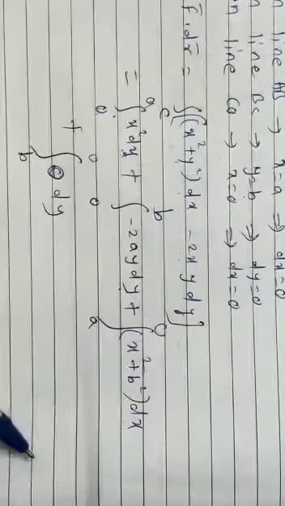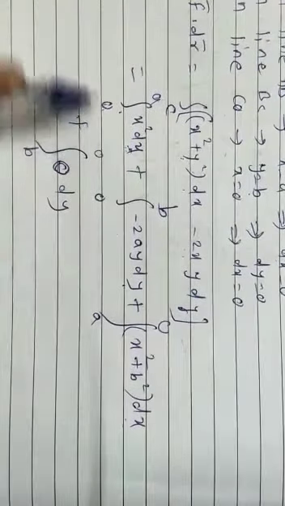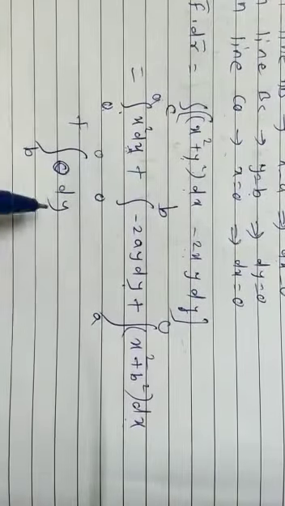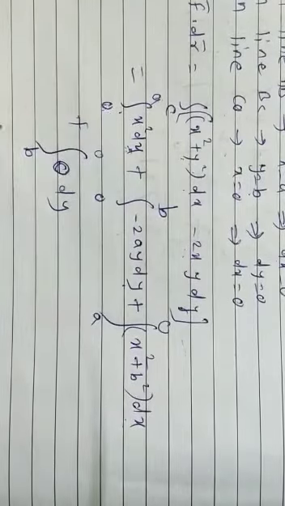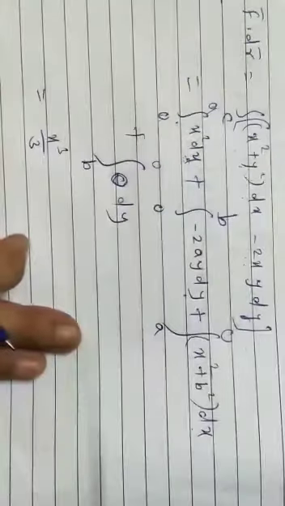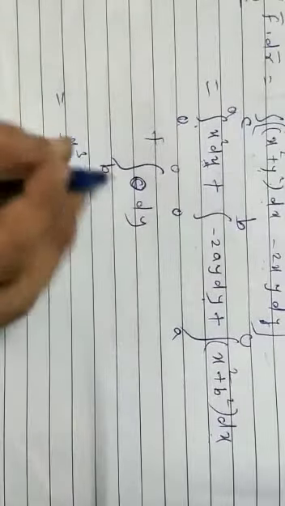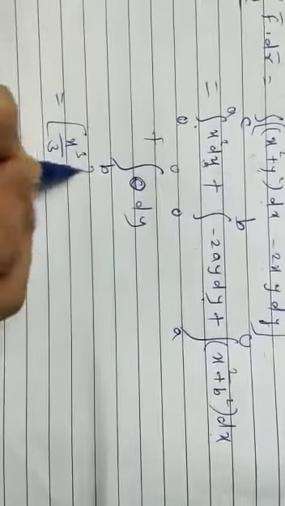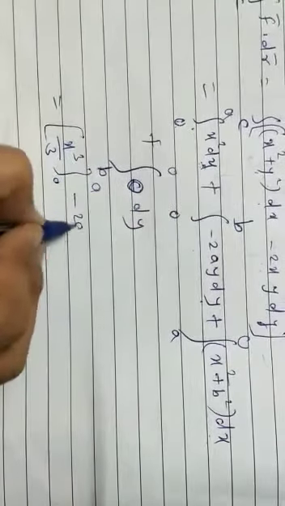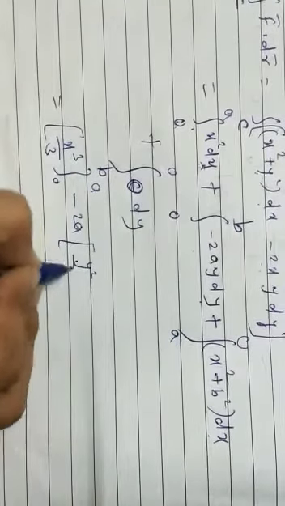Okay. So according to these conditions, we have written the integral. Substitutions are done. And now the integral as usual. Integral of x square is x cubed by 3. Then limits are from 0 to a. Minus 2a is constant. Integral of y is y square by 2.